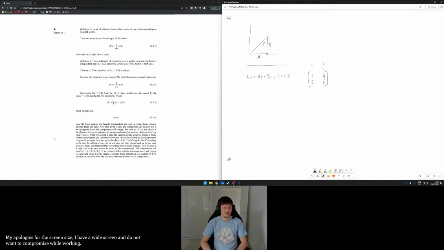So far, no basis has been chosen, and we do not need a basis to make the statement that the vectors form a closed triangle. Now we choose a basis and write each vector in terms of the components.